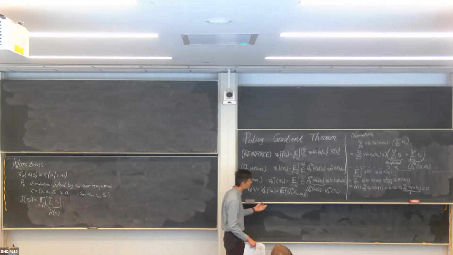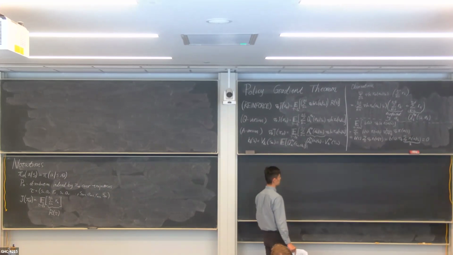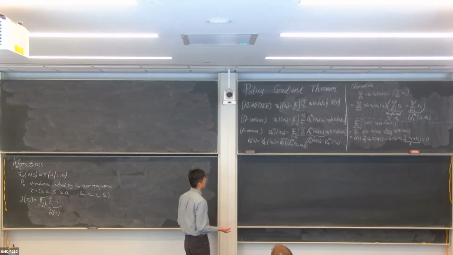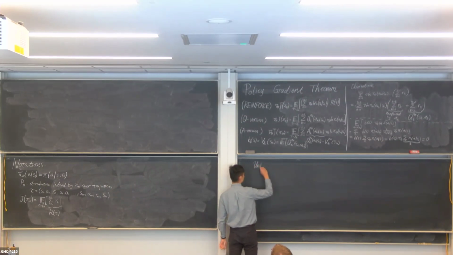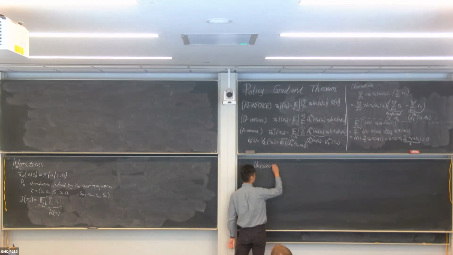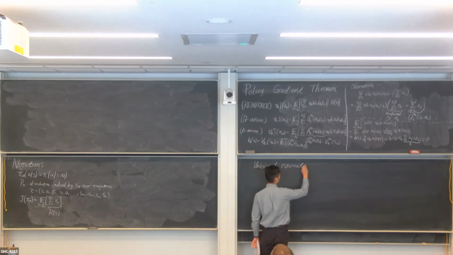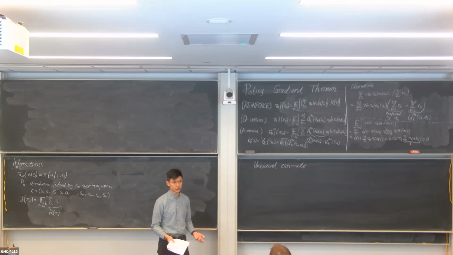All right, so how would you estimate these things? Usually the first thing people think of is the so-called unbiased estimate. That's usually how it's done, at least for supervised learning.